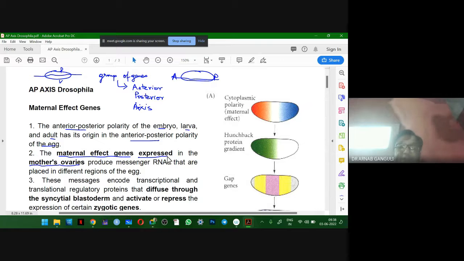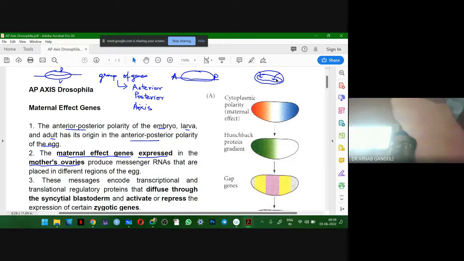Okay, so what they do inside this ovary, here the egg is over here, they keep on injecting some gene products. So these maternal effect genes are expressed in the ovary of the mother, and then this gene product, the messenger RNA, diffuses into the egg. Not only do they diffuse into the egg, they diffuse into different regions of the egg.